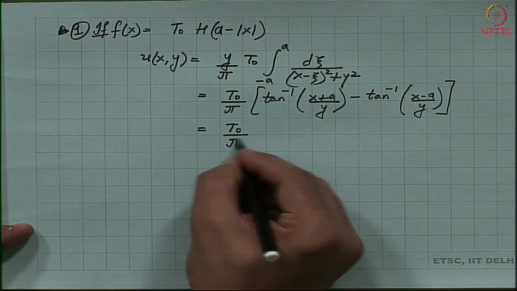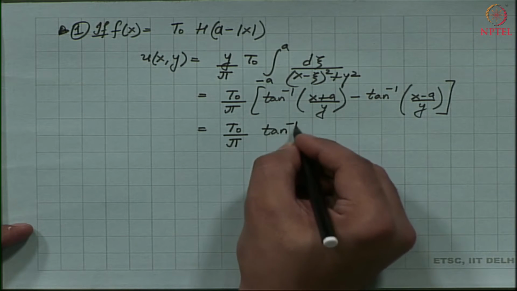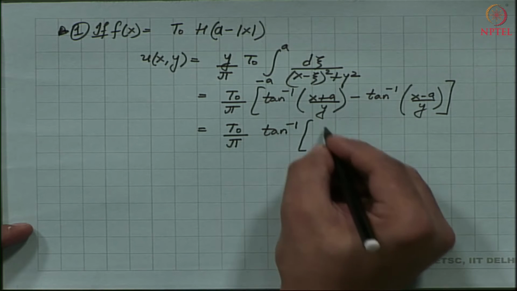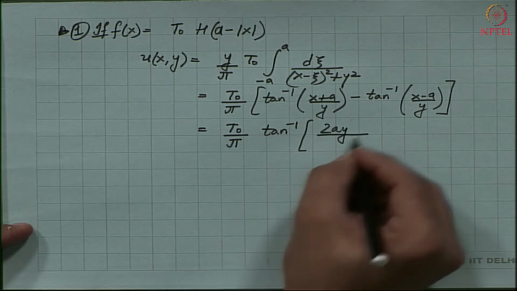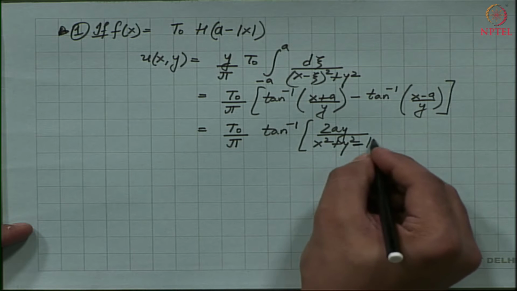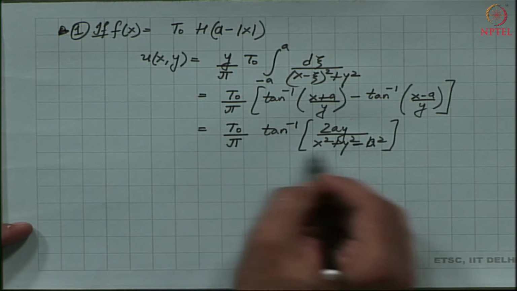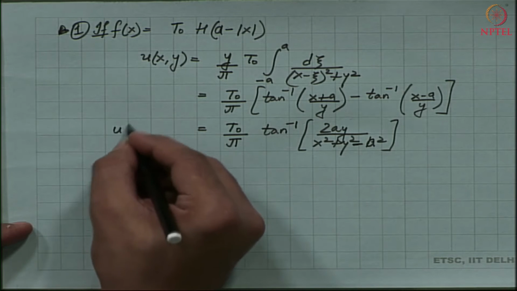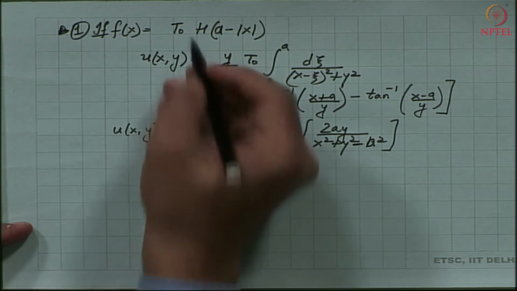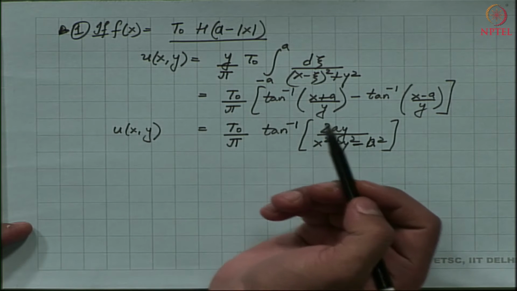So, tan inverse a minus tan inverse b gives me the following simplified expression. Okay. So, as far as the answer is concerned, this is the answer that I get for u of x comma y for this particular case of my boundary condition.